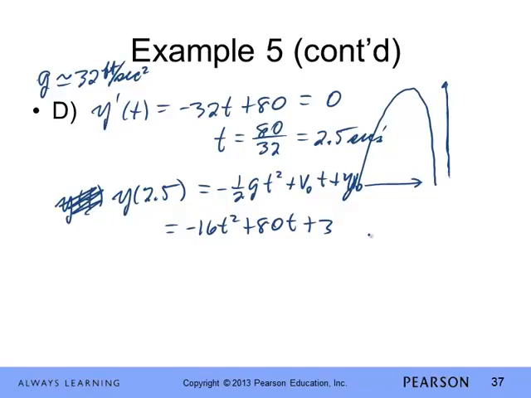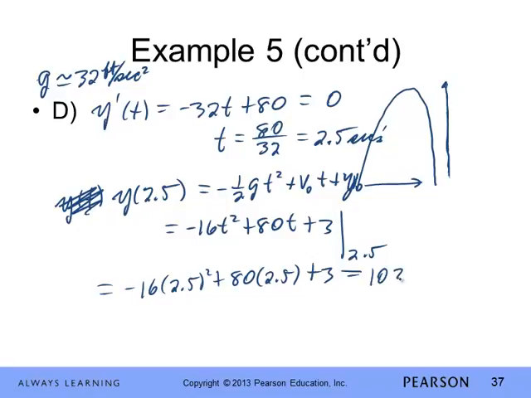So now you plug in 2.5 for t: negative 16 times 2.5 squared plus 80 times 2.5 plus 3. And that should yield approximately 103 feet. So the maximum height of this ball right up here at the top is 103 feet above ground. So we know its range, we know its maximum height, so do we know everything there is to know about the trajectory? Sure.